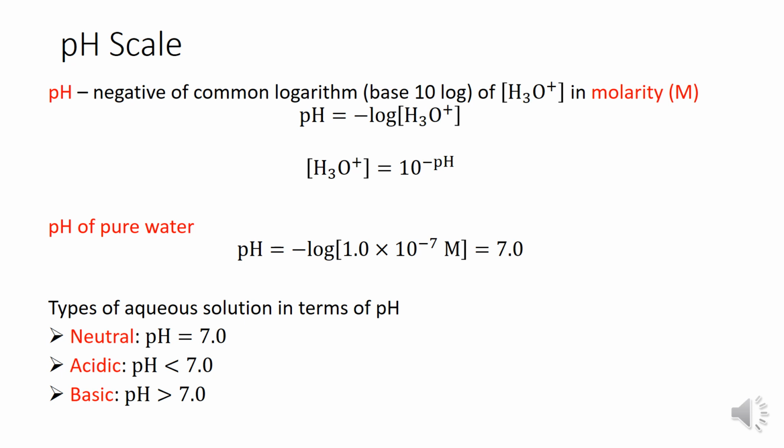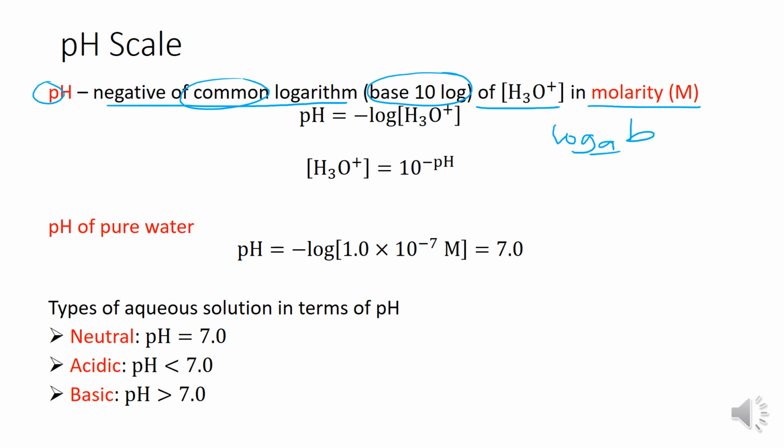Now let's discuss the pH scale. In pH, the small letter p represents the negative of common logarithm of the hydronium ion concentration in molarity. When we say common logarithm, that is logarithm to the base 10. The general form is log to the base a of b.